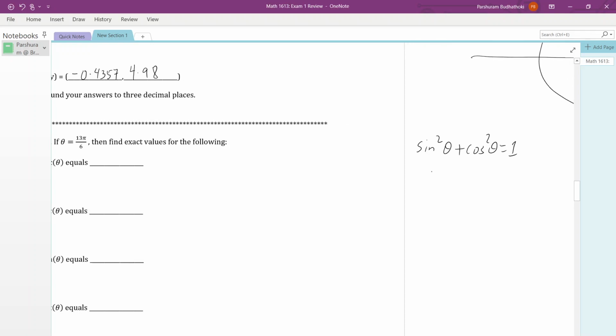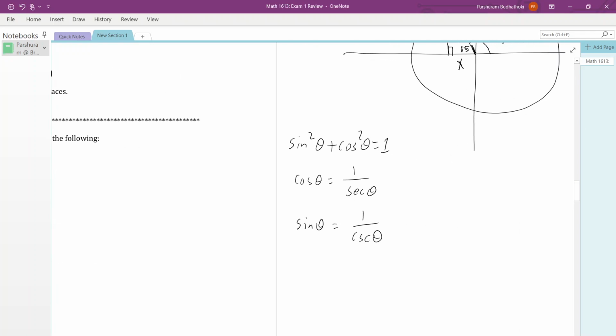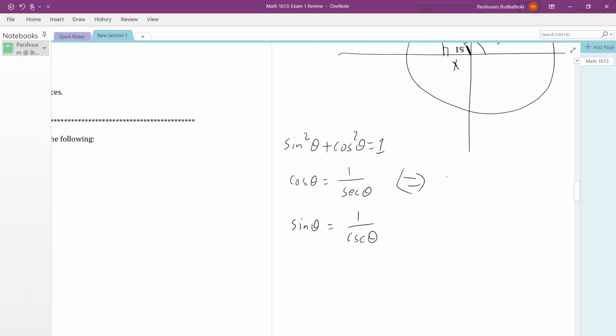You also have to know the relation between cosine theta and secant theta, which is 1 over secant theta. Sine theta can be written as 1 over cosecant theta, and vice versa. You can do the same thing: secant theta equals 1 over cosine theta, and cosecant theta equals 1 over sine theta.